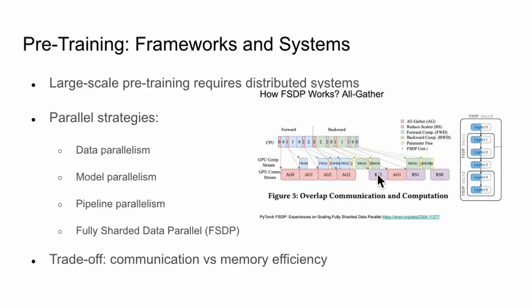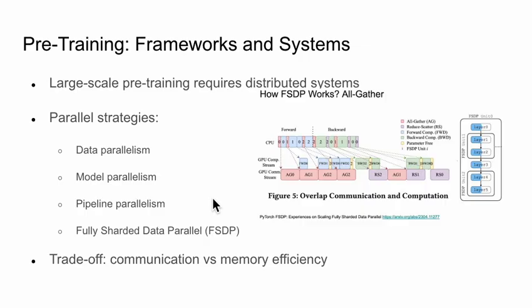For pre-training, models like GPT or PaLM are too large for a single GPU. So parallelism is essential. Data parallelism splits the dataset across devices. Model parallelism divides layers or tensors. Pipeline parallelism sends mini batches through stages.